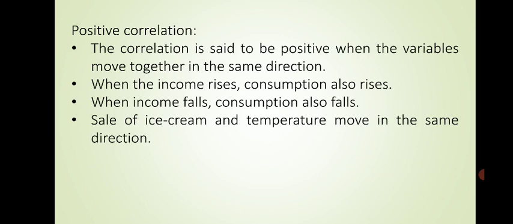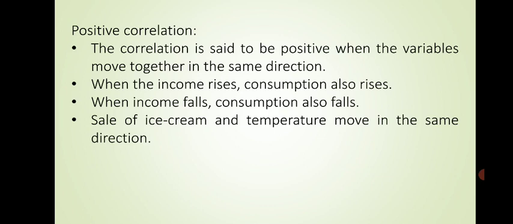When productivity is low, demand is also low. Sales of ice cream and temperature move in the same direction: as we have discussed, as temperature or summer heat rises, the sales of cold drinks or ice creams also rise proportionally. So this is how positive correlation can be described.